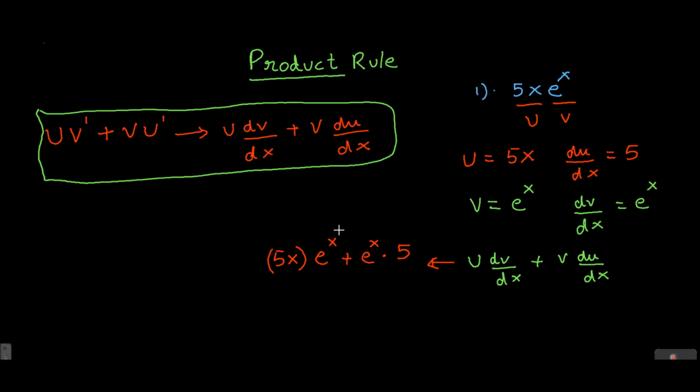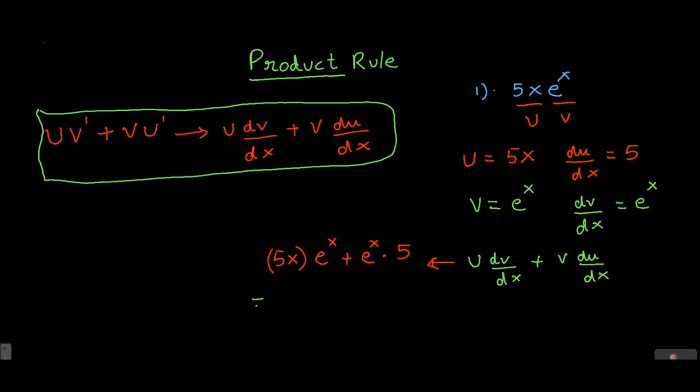So you just use the formula. So your u here is 5x, your v prime, which is dv dx, is e to the x, plus v u prime. And your v is e to the x times your u prime, which is du over dx, which is equal to 5. So now for your answer, you just have to multiply them together.